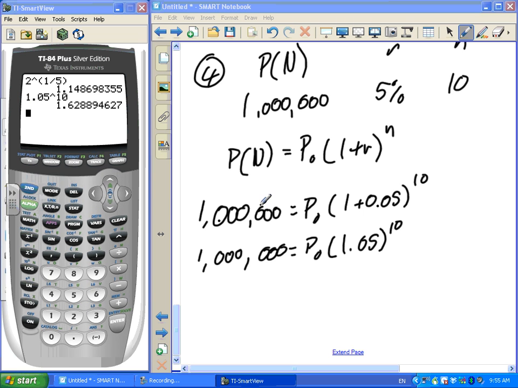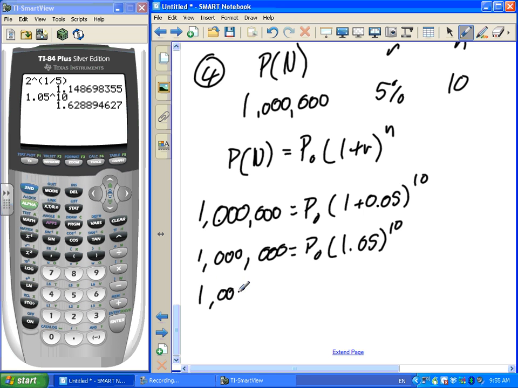So we have 1 million equals P at O times 1.62889.